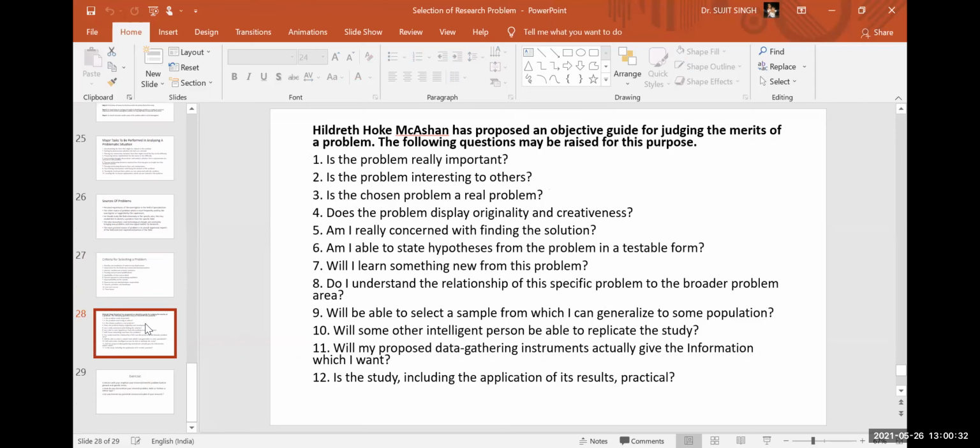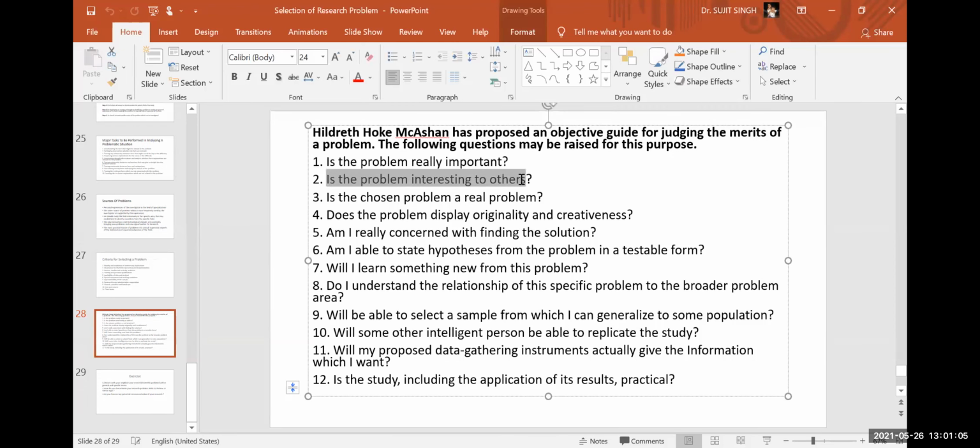Now, once you have selected the problem, put these questions. Is the problem really important? Ask yourself. Say this problem to your friend and ask him. Make a group of 3, 4, 5 people and say, okay, I'm going to do this problem, is it important or not, right?